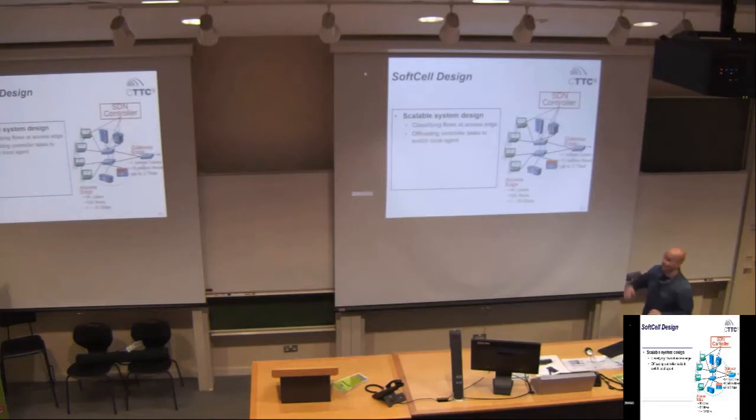So basically, the policy can say something like, okay, if the destination is TCP and port 80, which means web traffic, send to this switch here and put the policy tag number 3. If it's port 2020, assign the policy tag 4 and go to the edge through another switch.